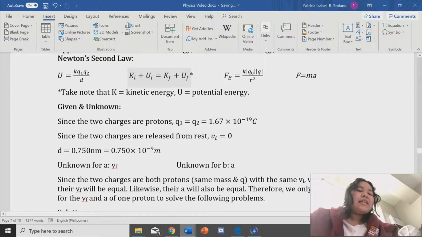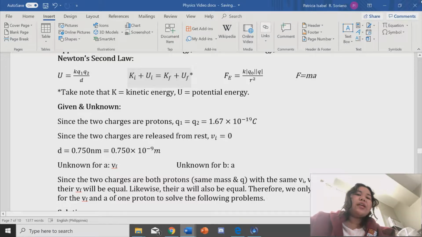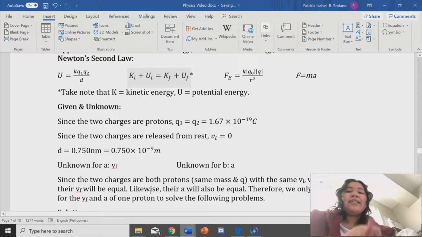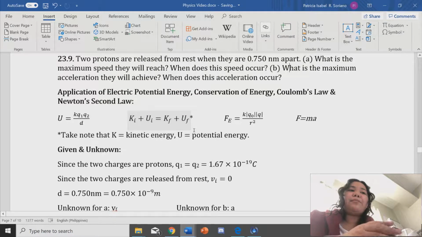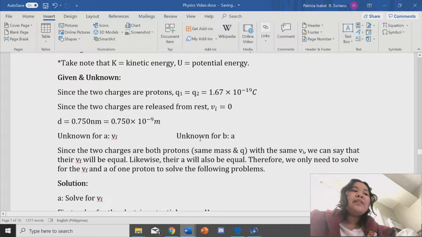Here I have a short explanation as to how we could simplify our solution for this problem. Since the two charges are both protons, in short, they have the same mass, same charge, and even the same initial velocity since they were both released from rest, we can say that their final velocities would actually be equal.